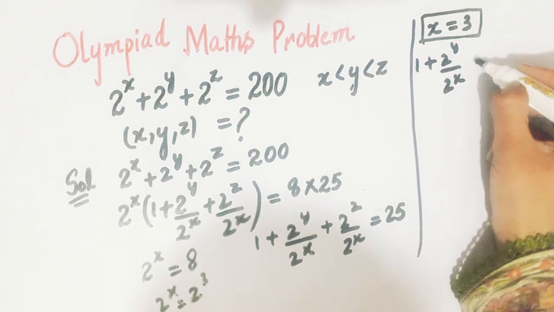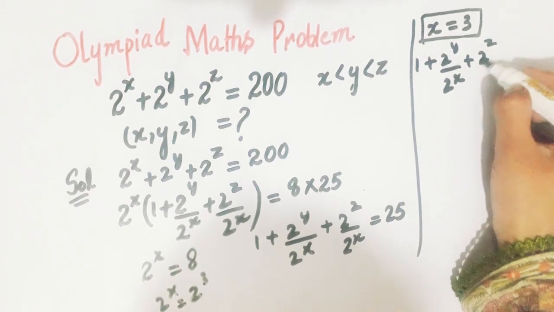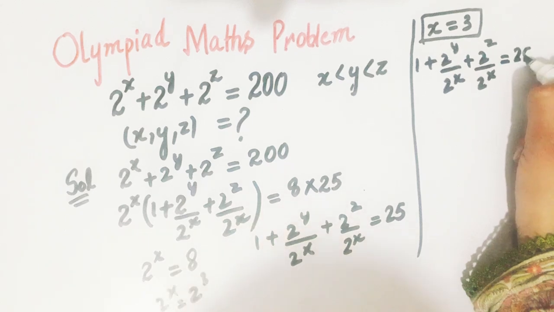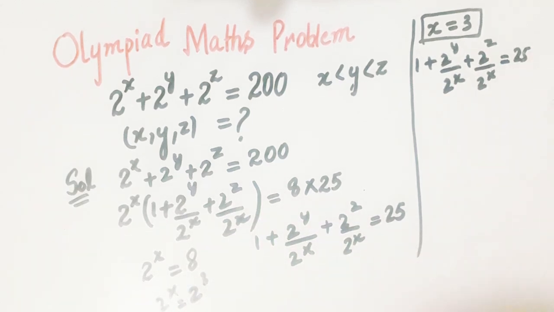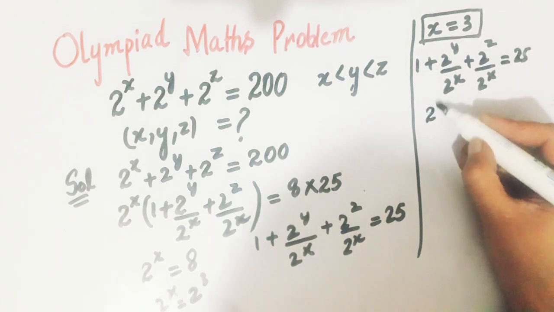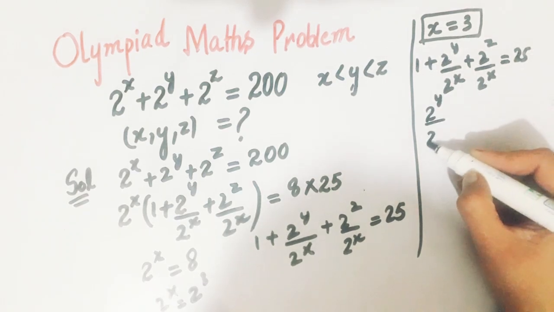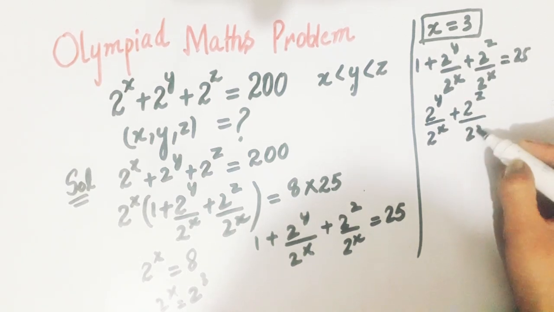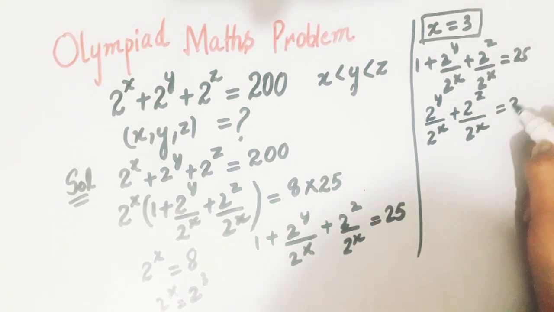So x is 3. Now for the other one, we will write 1 plus 2 raised to power y divided by 2 raised to power x plus 2 raised to power z divided by 2 raised to power x equals 25. Then in the next step, here 1 is added, it will be subtracted. So 2 raised to power y plus 2 raised to power z by 2 raised to power x equals 25 minus 1, which is 24.